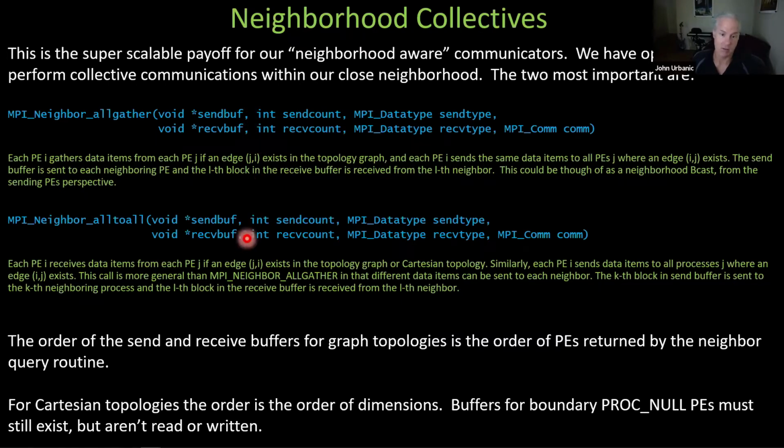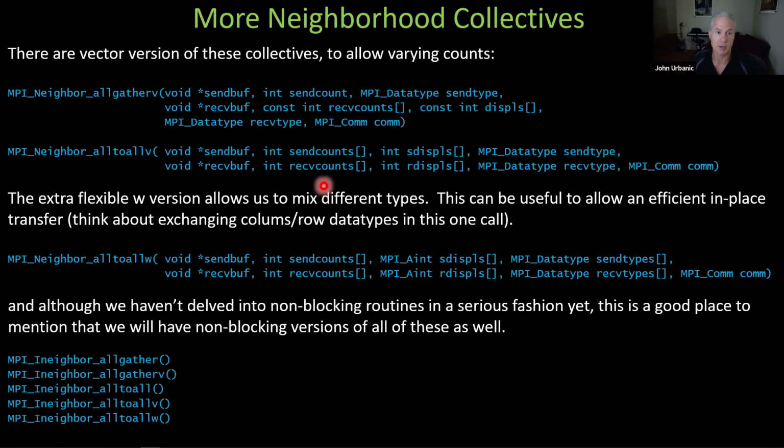And so think of how much nicer that is than all the bookkeeping you would otherwise have to keep track of with an irregularly structured finite element mesh. And it'll deal with all the things like where there are proc nulls for PEs that don't exist on boundaries and whatnot. So this is a very, very nice way to clean up your code and take care of the bookkeeping. And there are more complex versions of these. You might want to send varying counts to your neighbors. You might want to send different types to your neighbors.